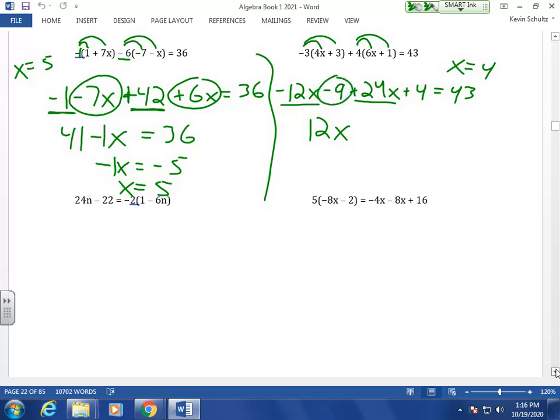Negative 9 plus 4 is negative 5, and that equals 43. Again, like terms, same variable or don't have a variable. And now we're at our two-step equation, add 5, divide by 12, and that's how we get x equals 4.